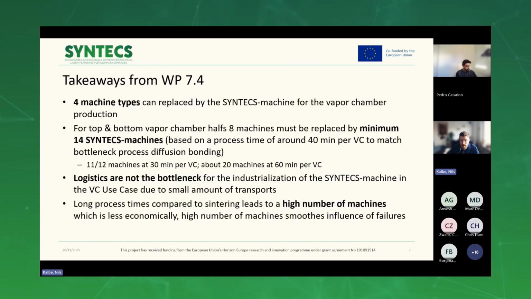So our main takeaways from our work package were, okay, for this use case, 4 machine types can be replaced by the syntax machine for the vapor chamber production. For the top and bottom vapor chamber halves, we have 8 machines, which must be replaced by a minimum of 14 SYNTECS machines, based on the process time of around 40 minutes per vapor chamber.